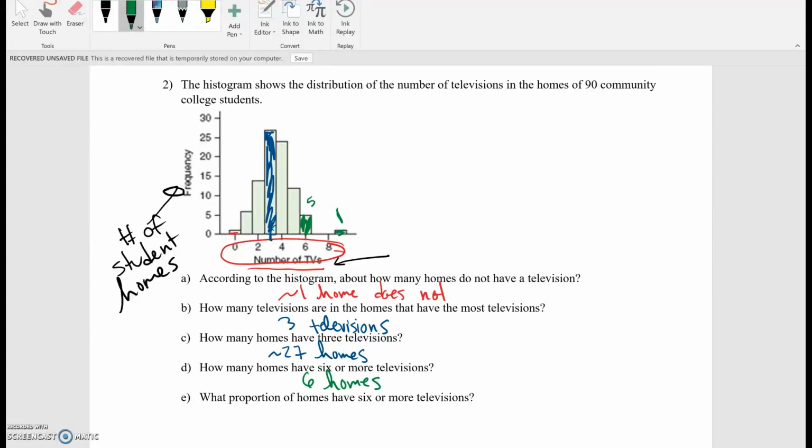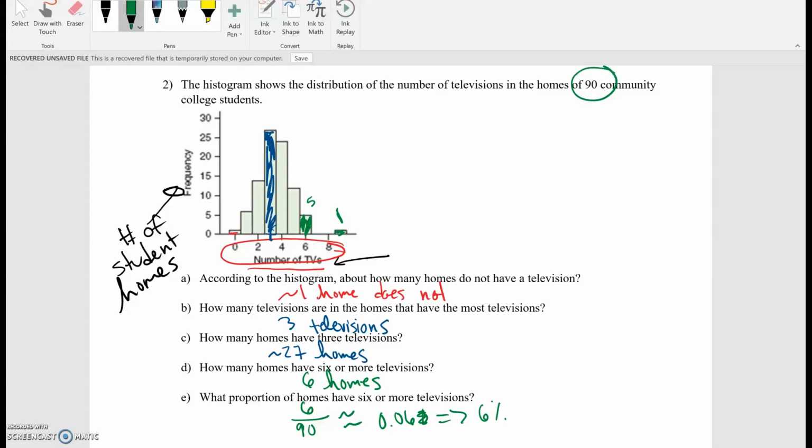Now my last question: what proportion of homes have 6 or more televisions? I know there are 6 homes that have 6 or more. What was the total number? The total number, remember, was 90. So 6 divided by 90, sorry, not 60, gives me about 0.06, which is equivalent to about 6%.